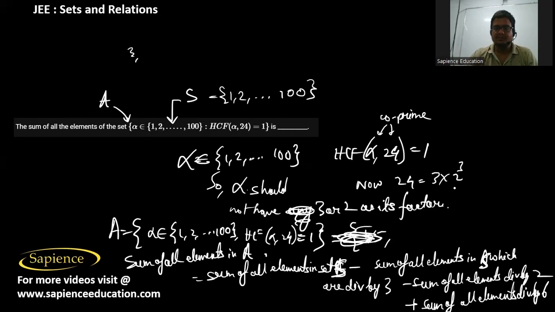So we have to find those numbers which are not divisible by 3, not divisible by 2, not divisible by 2 or 3.